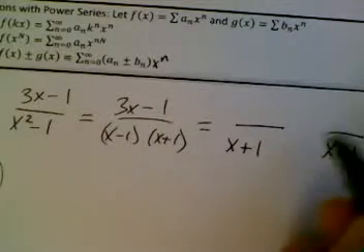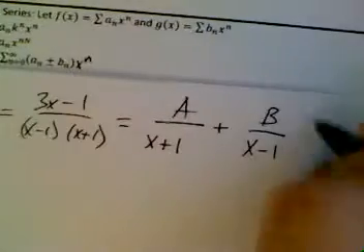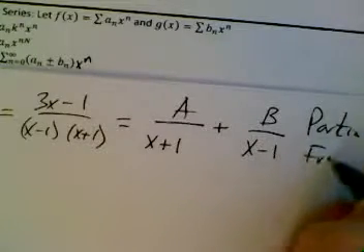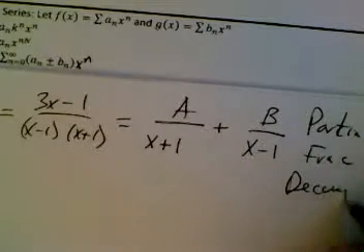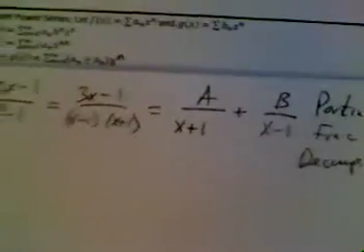And couldn't I put a plus sign between them somehow, and maybe an A and a B here? Wasn't this partial fraction decomposition? And we can use this method here as well. And so we will do so.